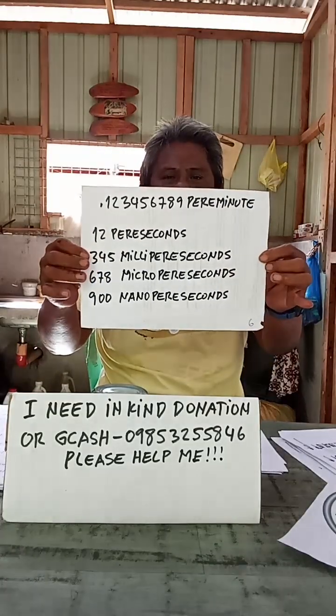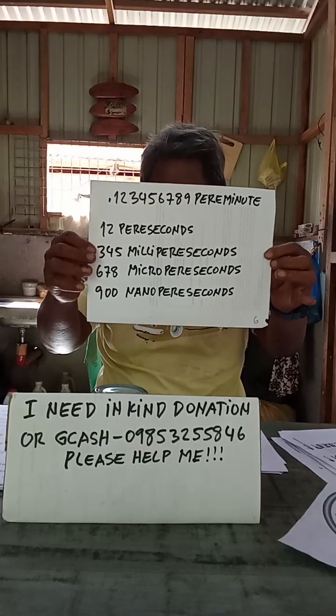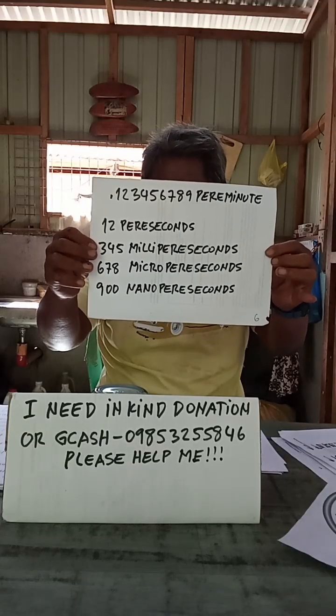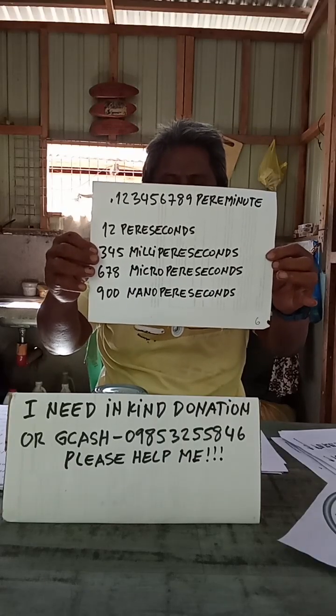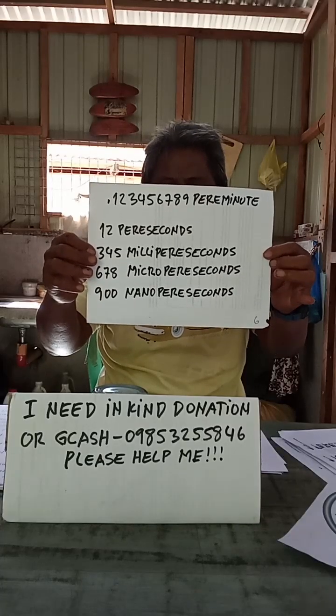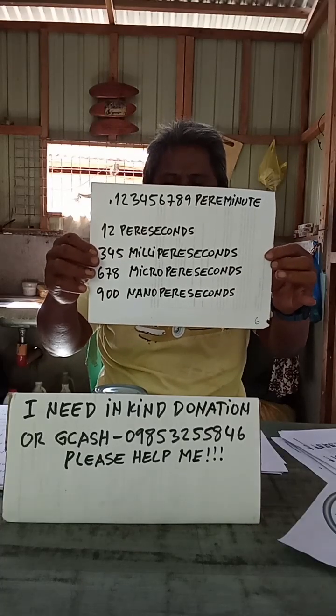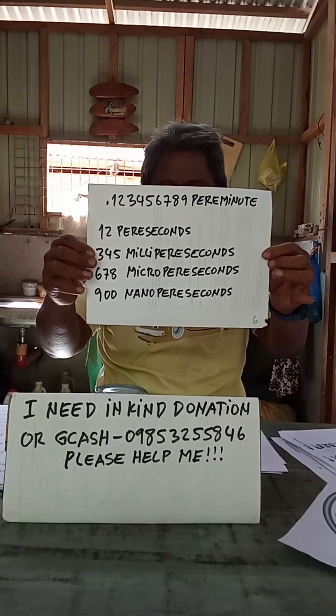Okay, and now the decimal unit of time. 0.123456789 per minute or 12 per seconds, 345 milli per seconds, 678 micro per seconds, and 900 nano per seconds.